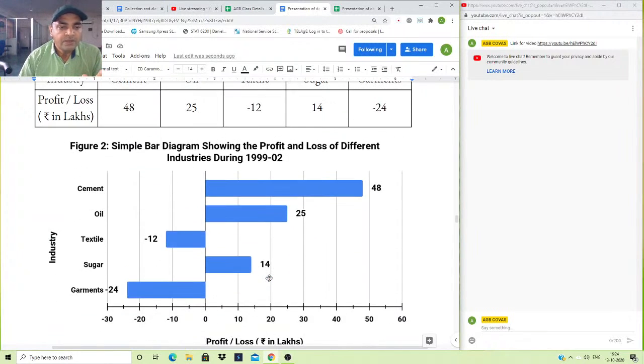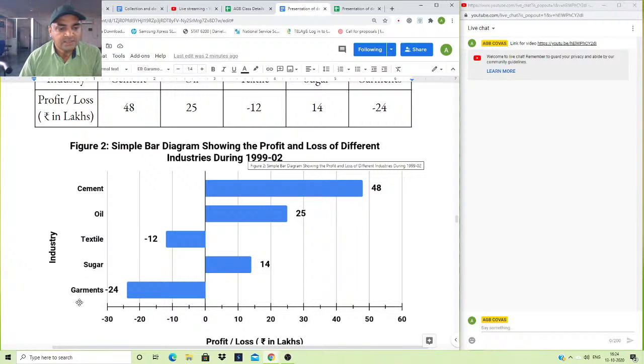So first will be the title of the bar diagram. Then you have a vertical axis, and all the bars should start from the vertical axis originating at 0. Okay, this should be considered. Then there is a scale of 10 on the horizontal axis, and then industries are shown on the y axis, because it is a horizontal type of simple bar.